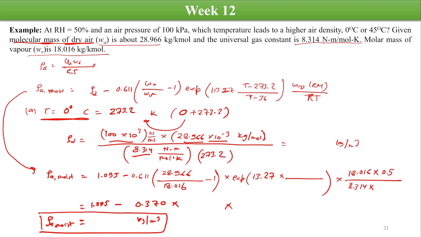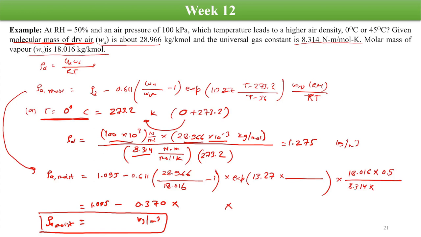Okay. So based on this, we'll get rho D as 100 into 28.966 upon 8.314 multiplied 273.2. So that's going to be 1.275 kilogram per meter cube.